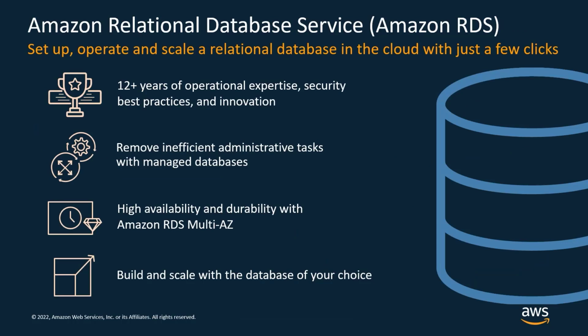Amazon Relational Database Services, or Amazon RDS, including Amazon Aurora, is our collection of managed database services that makes it simple to set up, operate, and scale databases in the cloud in just a few clicks. Launched in 2009, customers benefit from over a decade of proven operational expertise, security best practices, and innovations for cloud-native databases.